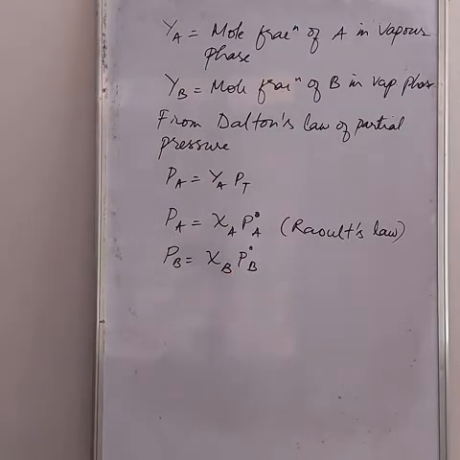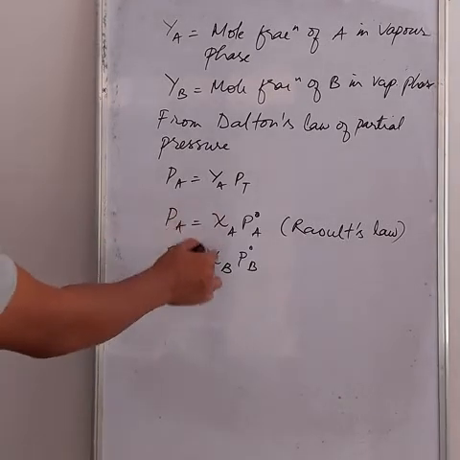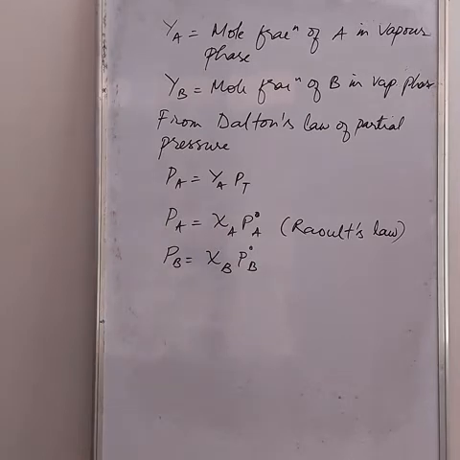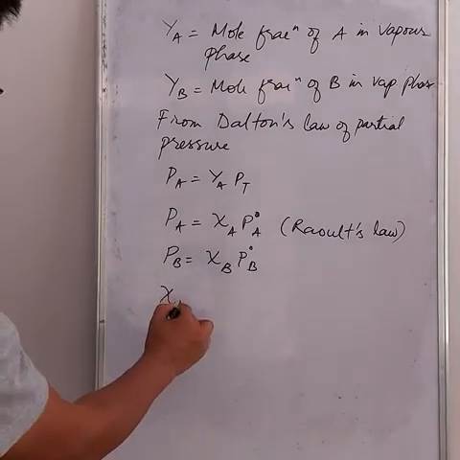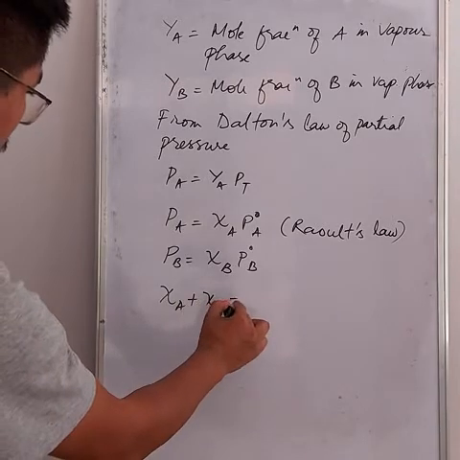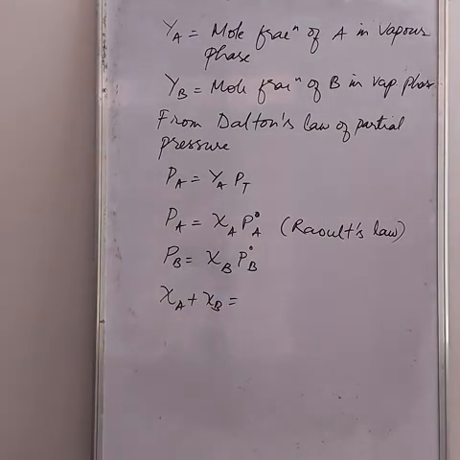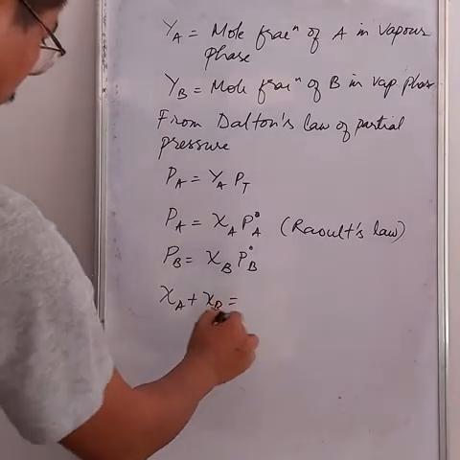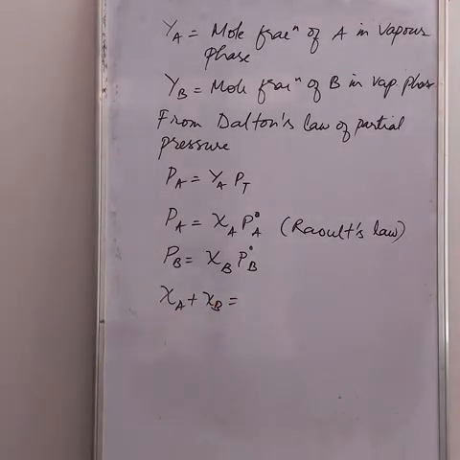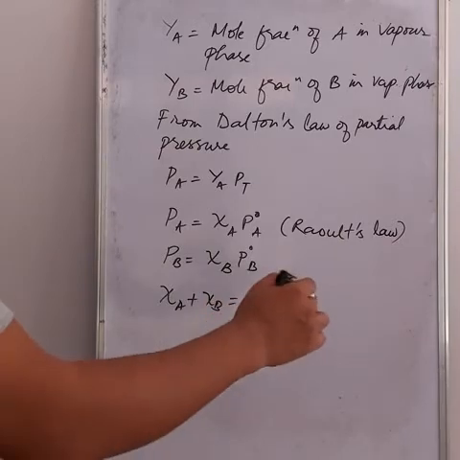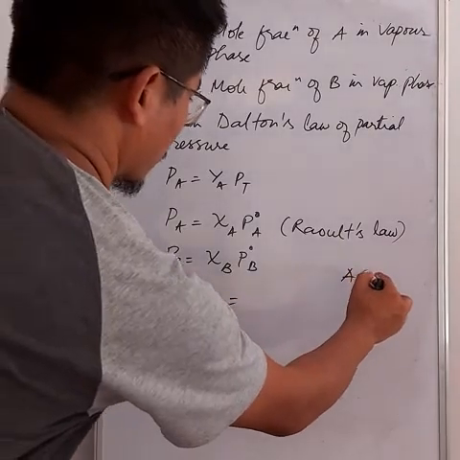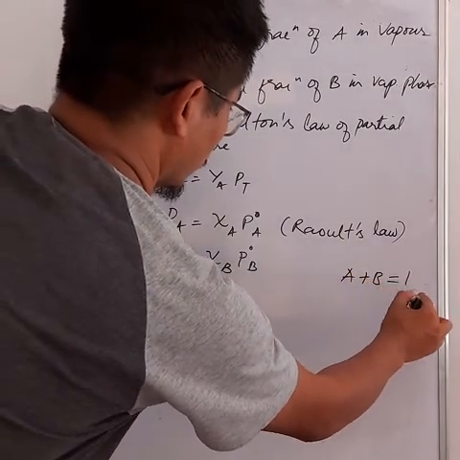So if we combine these two, if we add the mole fractions, chi A plus chi B, then we simply get, and one thing I have to tell you, the mole fraction of any solution, suppose of components A and B, will always be equal to unity, 1.